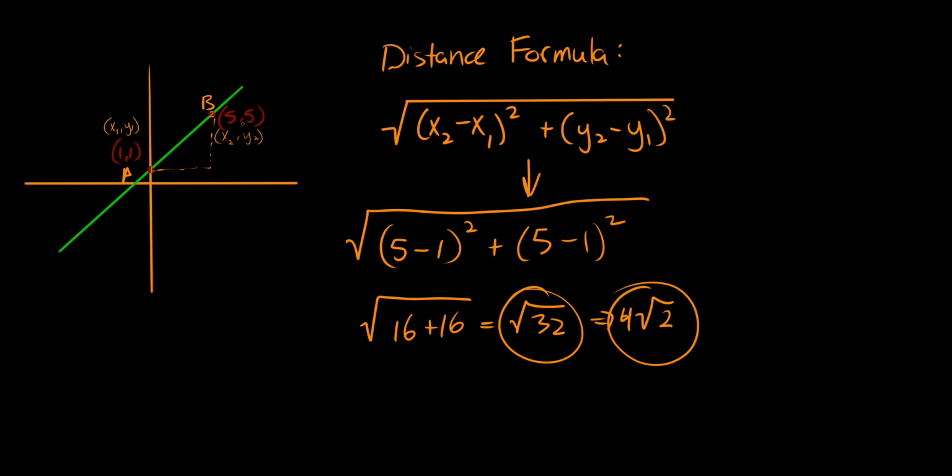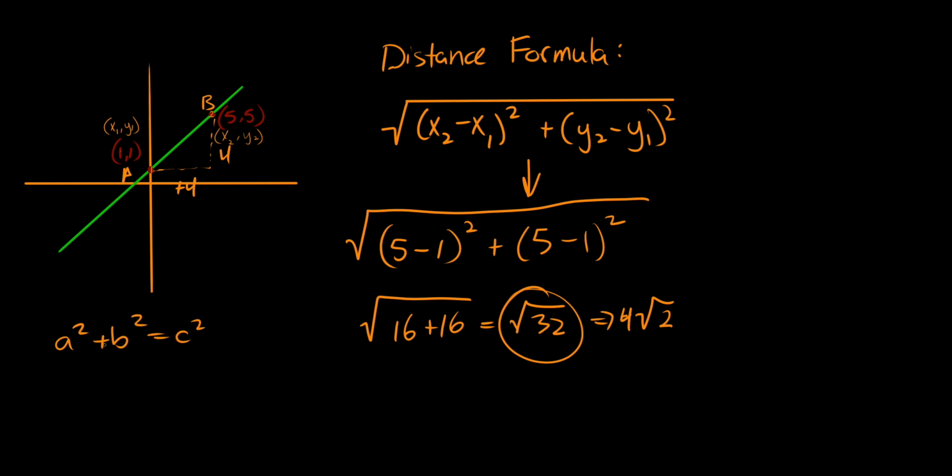Another way you could do it is by doing the change in x. So the change in x from 1 to 5 would be positive 4, right? And then from 1 to 5 in the y direction would also be 4, right? So you could just plug this into the Pythagorean theorem. a squared plus b squared equals c squared.